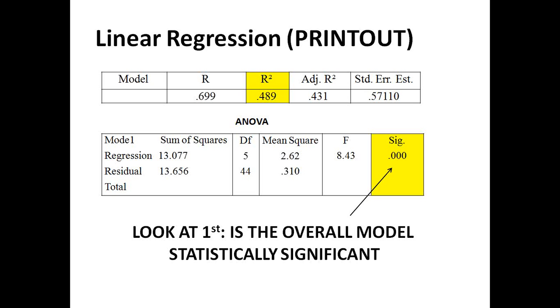It has to be 0.05 or less to be statistically significant. So we see it is. That tells us that the whole model is statistically significant, meaning that we can go on and consider the individual predictors now. If it wasn't, we would say that it wouldn't be appropriate to look at the predictors at all.